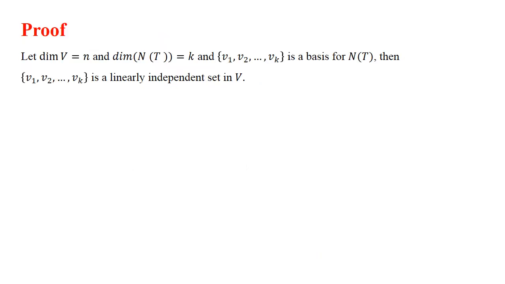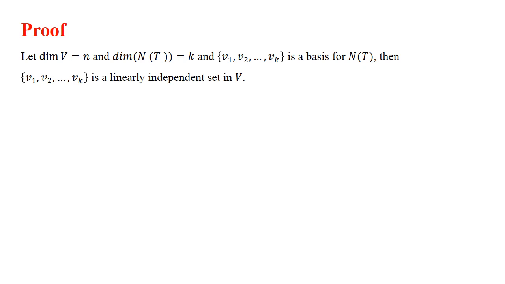Let the dimension of V be n, and let the dimension of the null space of T be k, so that v1, v2, etc., vk is a basis for the null space of T. Then v1, v2, etc., vk is linearly independent.